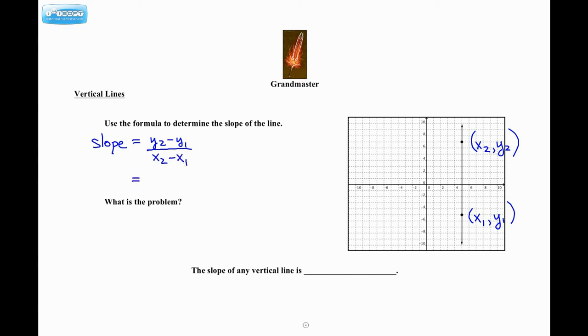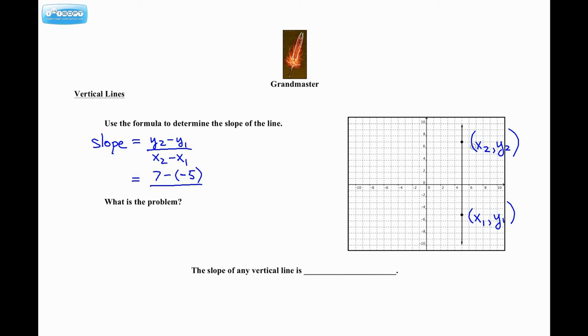Okay. Well, what is our y2? Well, that's up here. The y coordinate is 7 minus y1 right here. That y coordinate is negative 5. So 7 minus negative 5 over x2 minus x1.